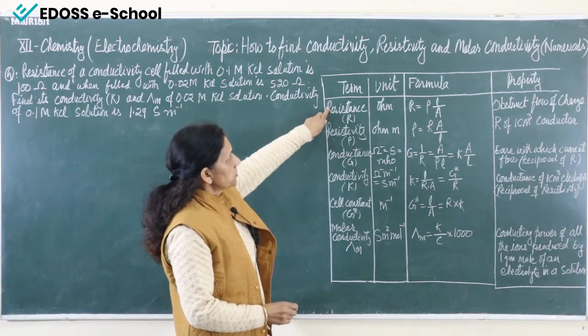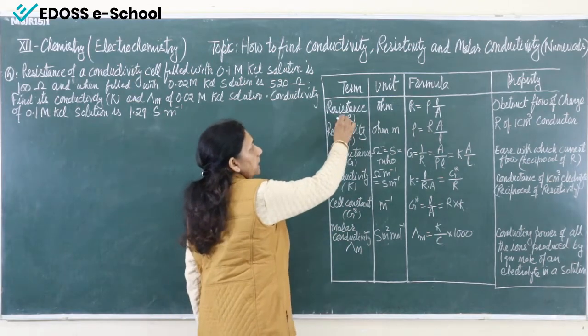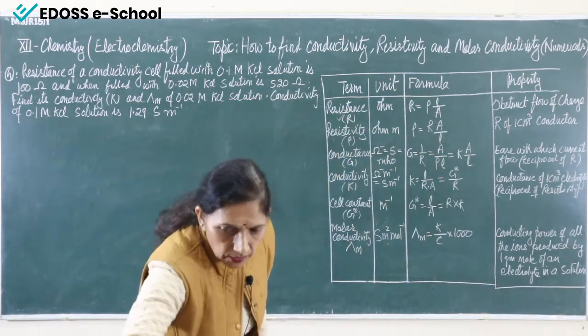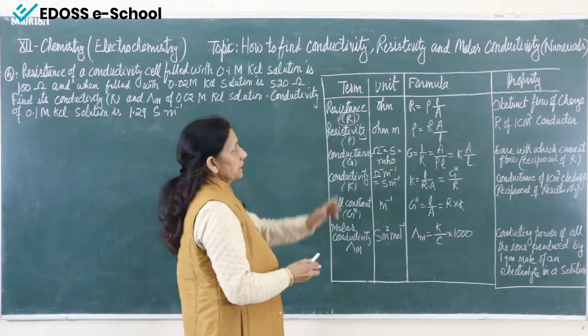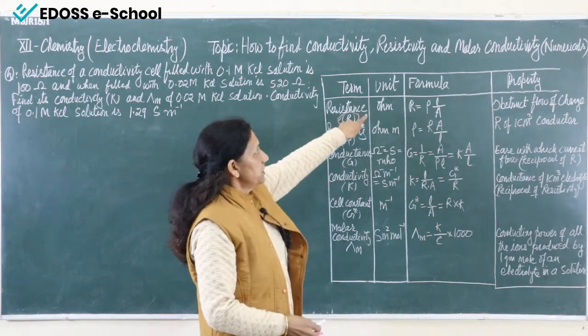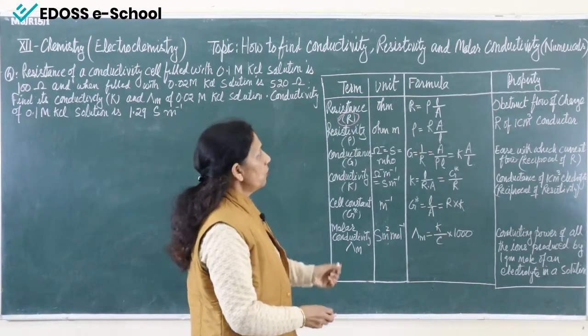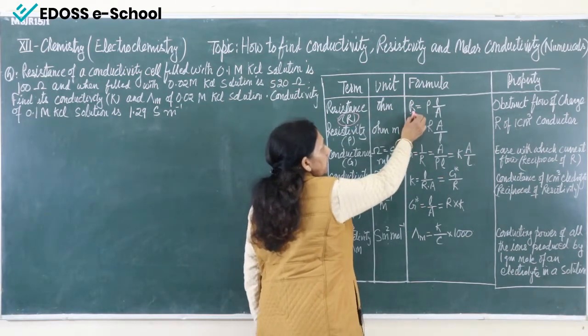What is resistance? For resistance we use the symbol R, and its unit is ohm. Resistance is measured in ohm. How do we find R?